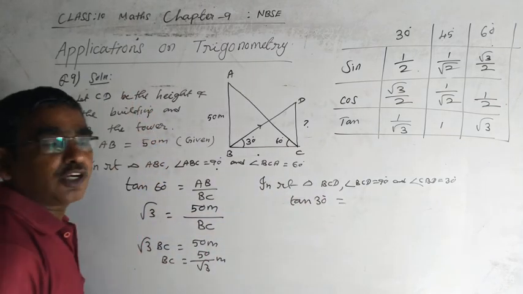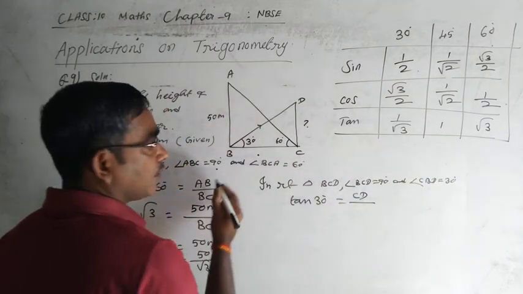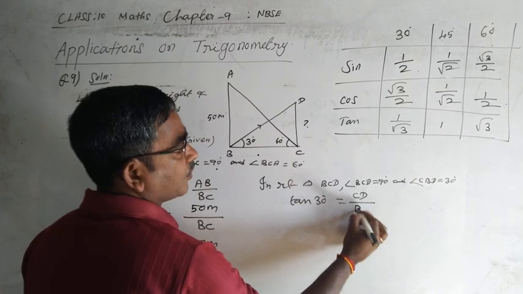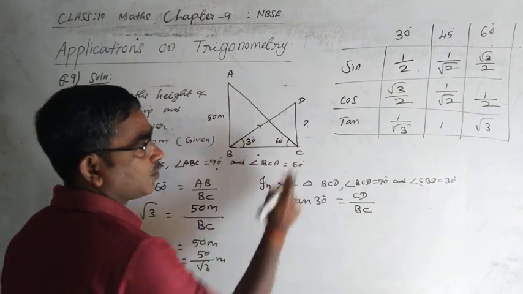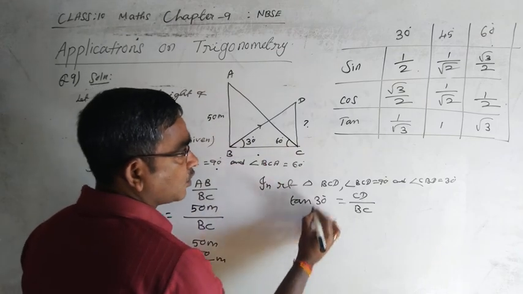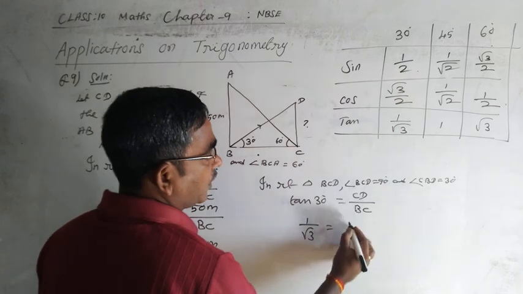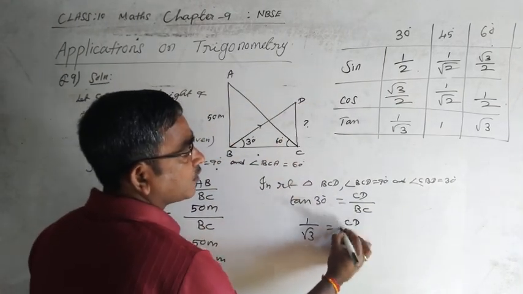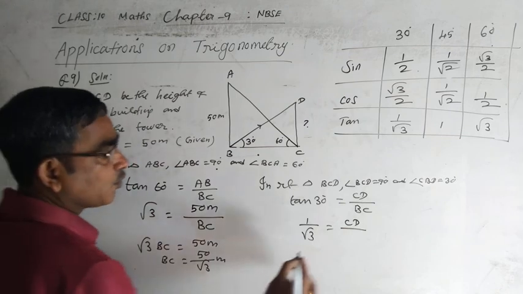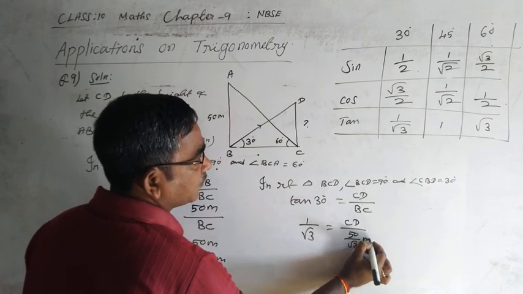Tan is perpendicular by base: perpendicular CD, and base BC. So tan 30 is 1 by root 3, we know the value. 1 by root 3 equals CD by BC. The CD value we don't know, we have to find out. But BC we know, 50 by root 3 meters.